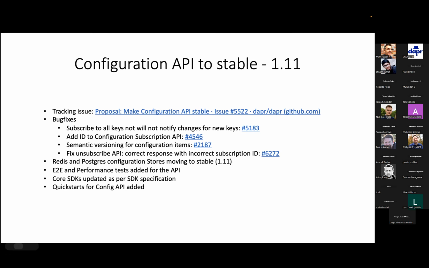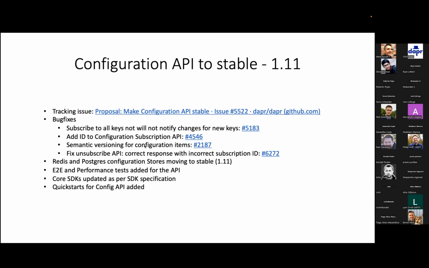There were several bug fixes. It's not an exhaustive list, just a selective list. For example, the subscribe API was not returning all the keys when subscribing for all keys, and it was not subscribing to new keys. So that was fixed. An ID has been added to the configuration subscription API.